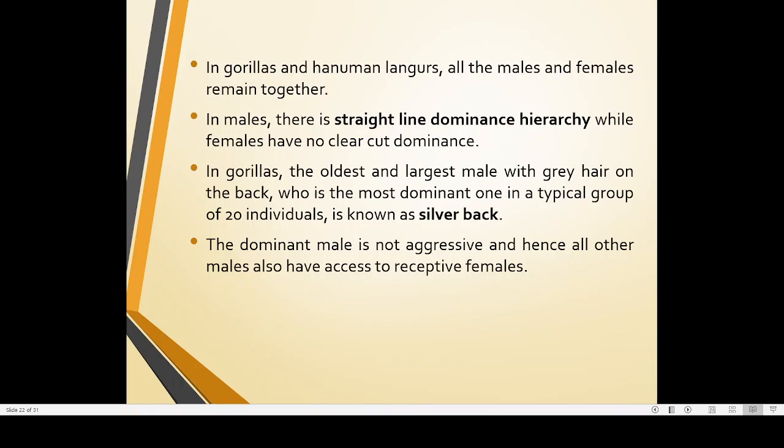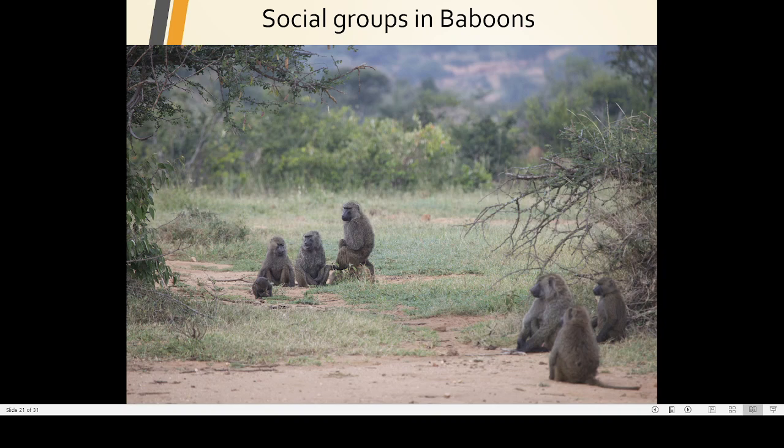Since there are many males here, what we normally see is that there will be a social hierarchy. Maybe in this group, this may be the more dominant animal, because it is stronger, occupying a slightly higher place.